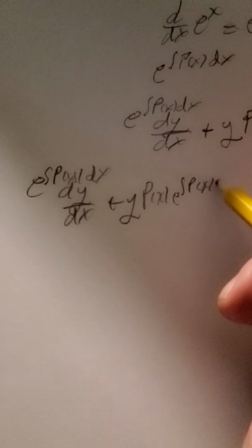e to the integral of p of x dx times dy/dx plus y times p of x times e to the integral of p of x dx equals q of x times e to the integral of p of x dx, like that.